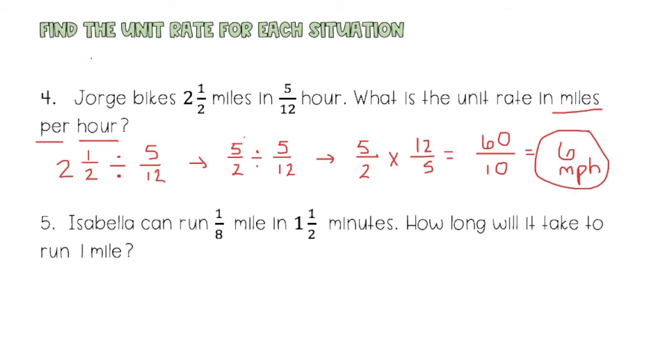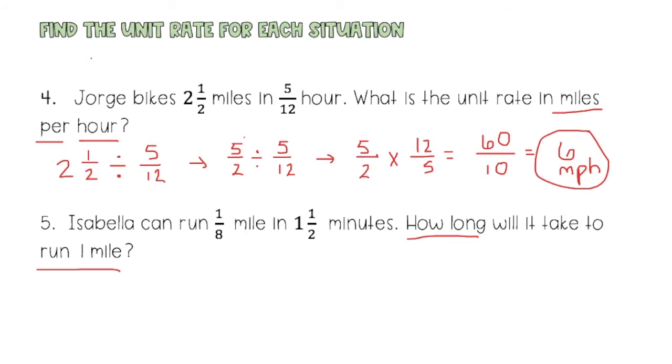Let's take a look at number 5. Isabella can run 1/8 mile in 1.5 minutes. How long will it take to run 1 mile? So the first thing I'm going to do is underline my question. We want to know how long it'll take to run 1 mile. This will help me to set up my problem. I know that we are dividing to find unit rate, and I know we want to figure out the minutes per mile.